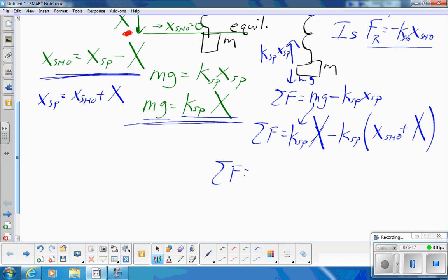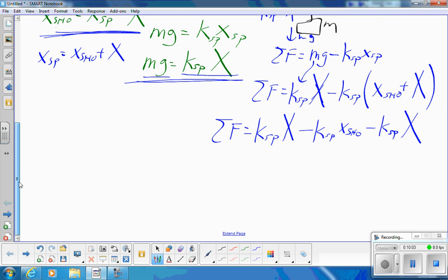Net force is equal to, I'm going to distribute that, k_sp times big X minus k_sp times x_SHO, and then I've got minus k_sp times big X. Well, hey, look here. k_sp big X minus k_sp big X, those go bye-bye, and I'm left with the net force on this block being negative k_sp x_SHO.